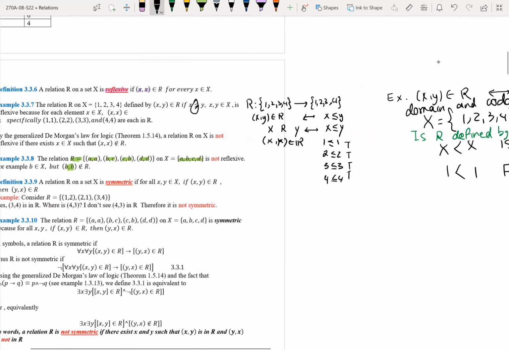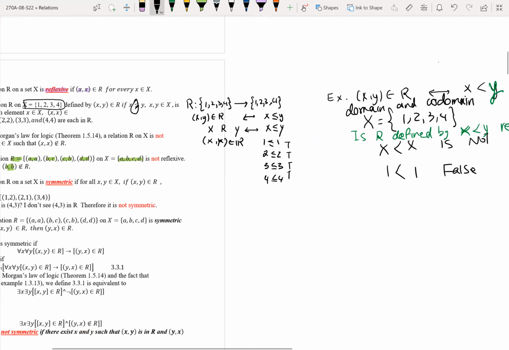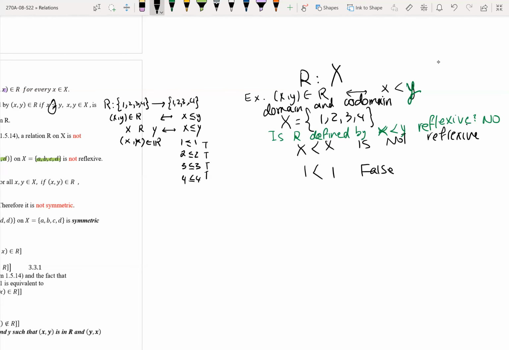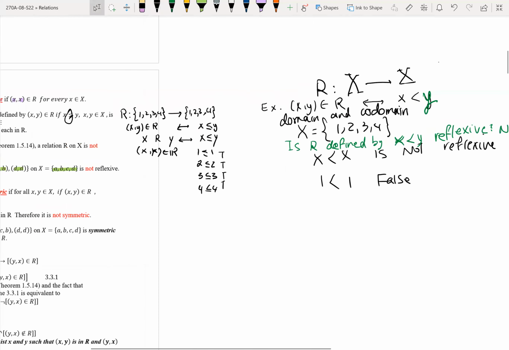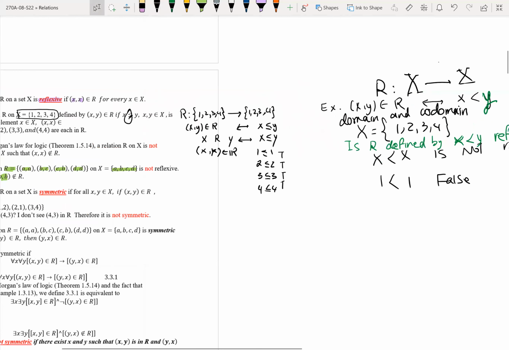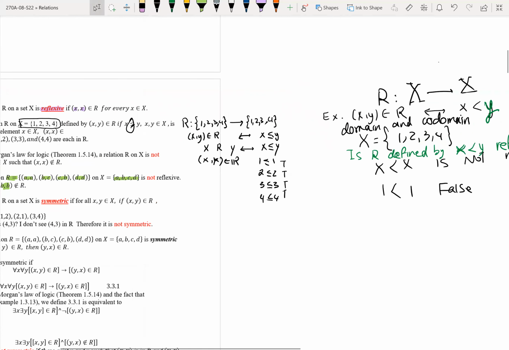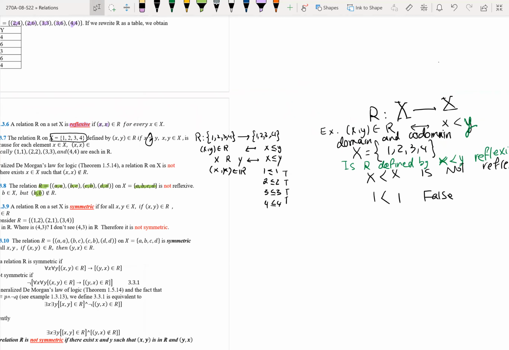Your relation is defined from the set of X to the set of X. It's the same set, that's why only one of them is given. No Y. It could be different, it could be really different. Okay. Any question here?